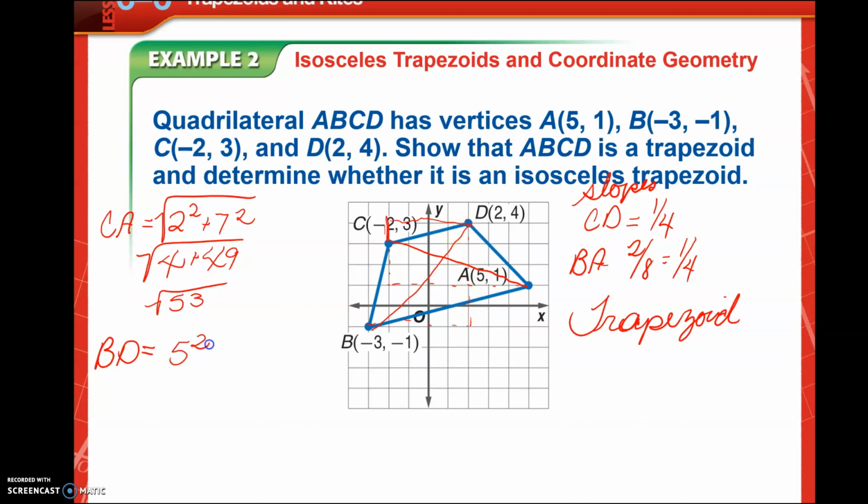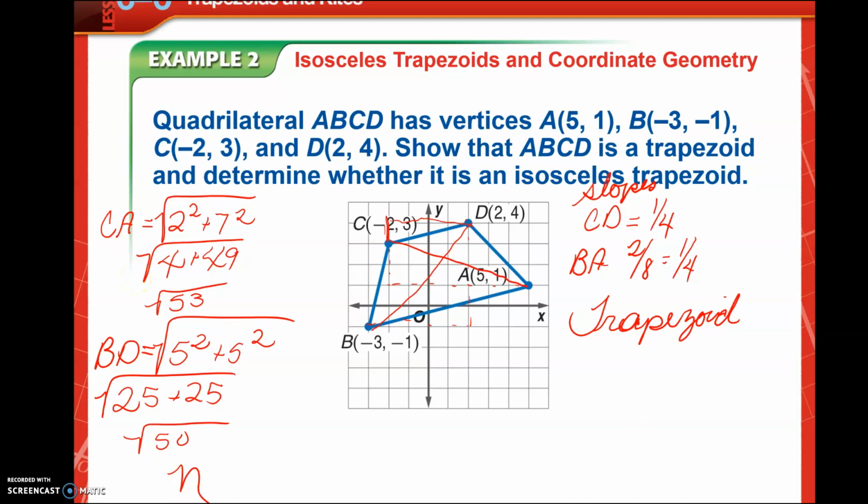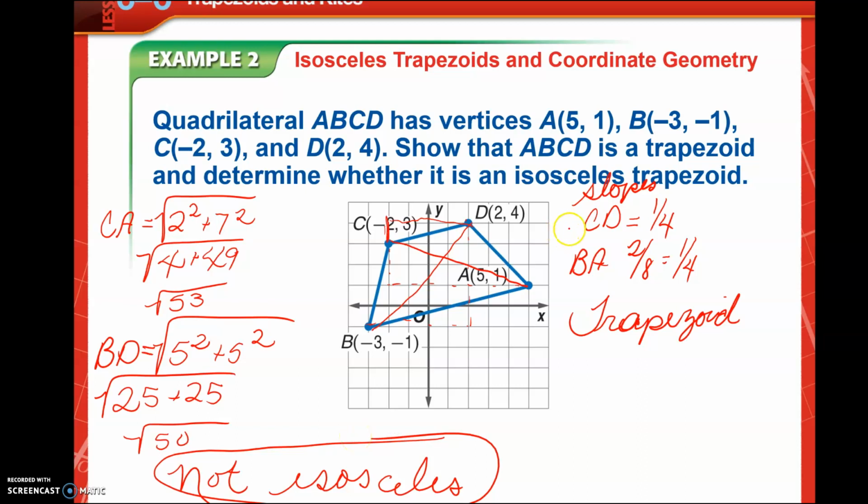So I have 5 squared plus 5 squared. 25 plus 25, square root of 50. So they are not equal, so it is not isosceles. And this work is what shows you that it's not. We know it's a trapezoid because the slopes are equal, and we know it's not isosceles because the diagonals are not equal.